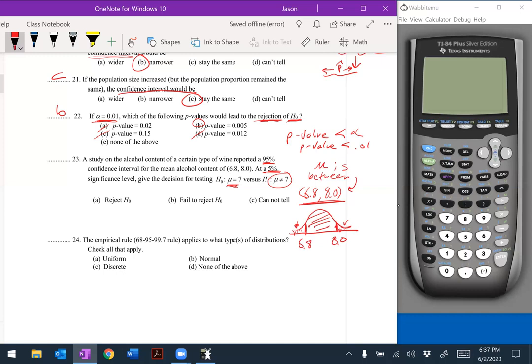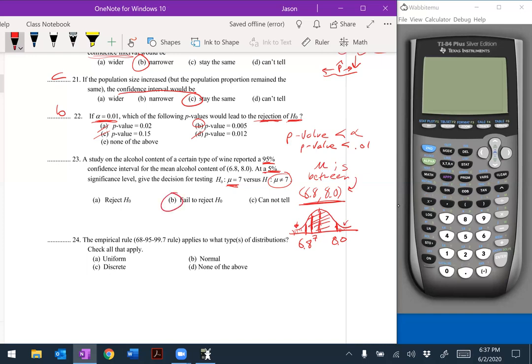So all I have to do is say, well, is 7 between 6.8 and 8.0? And it is. Okay, it is between 6.8 and 8.0, which means I fail to reject.